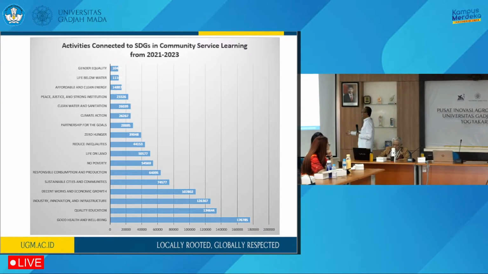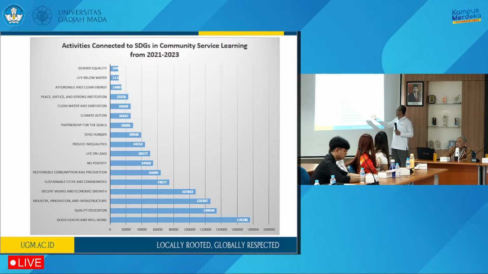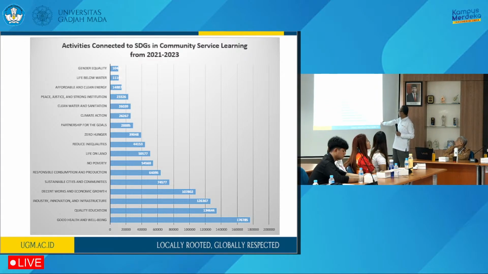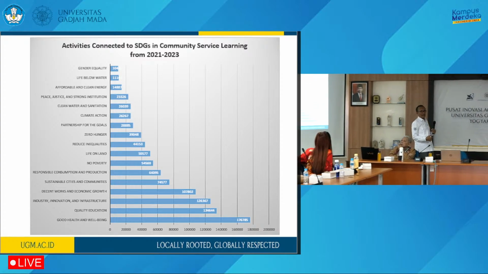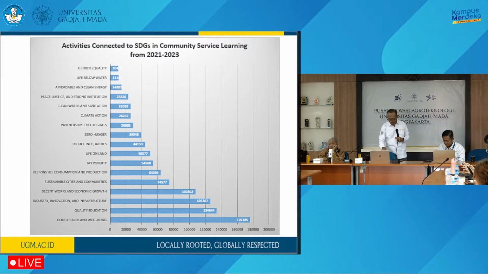Most of the work is related to good health and well-being and quality education, starting from below, because the below means the highest number, and almost all 17 SDGs are covered by the activities of students.